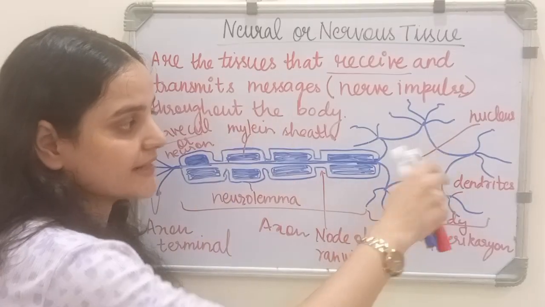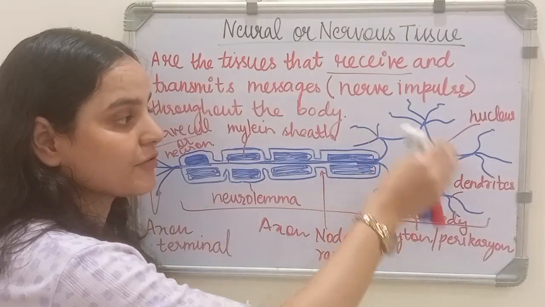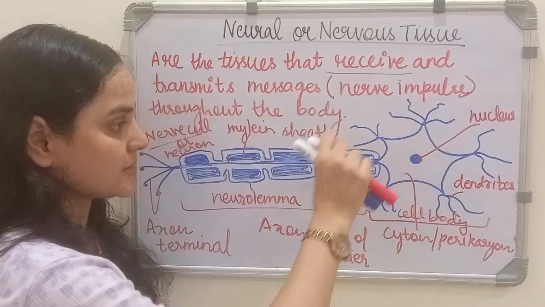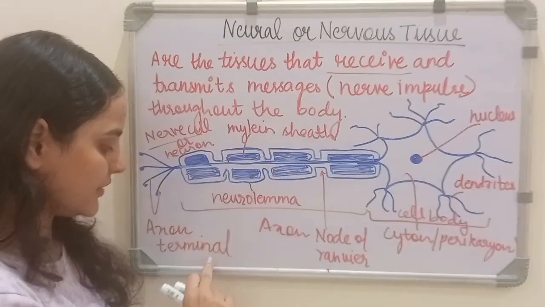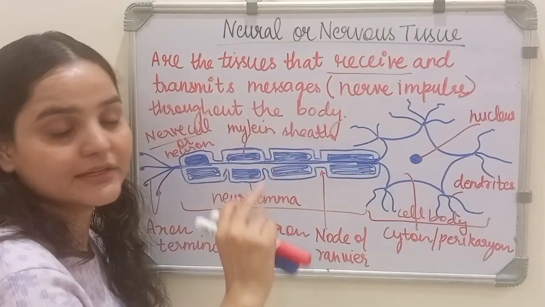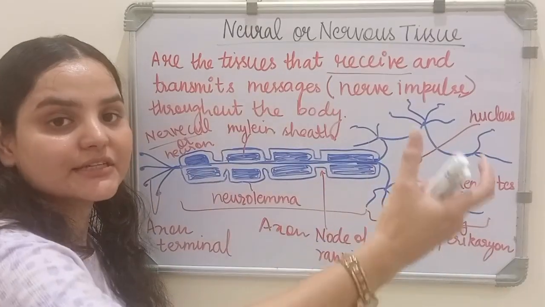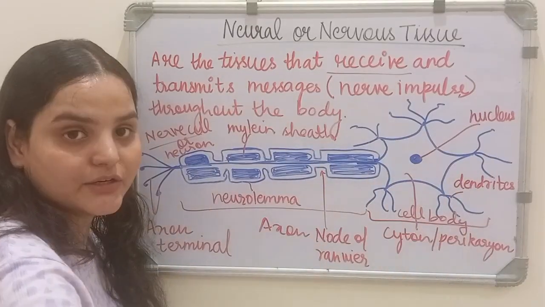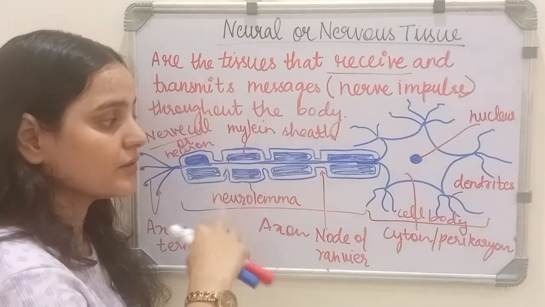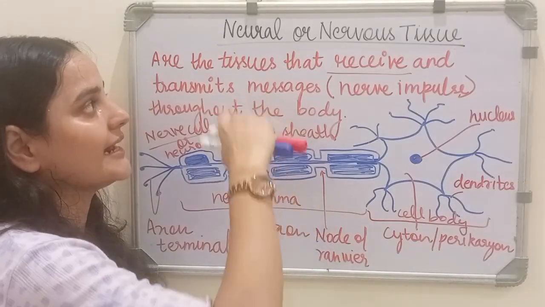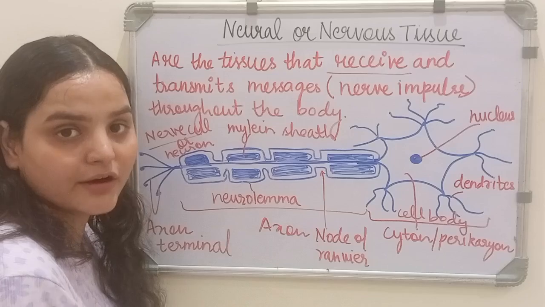These dendrites receive the signal, and from that the signal is transmitted and it reaches the axon terminal, and from this axon terminal it moves to the next neuron till it reaches our brain or the spinal cord. Okay, so this is the process that happens in this neural or nervous tissue.